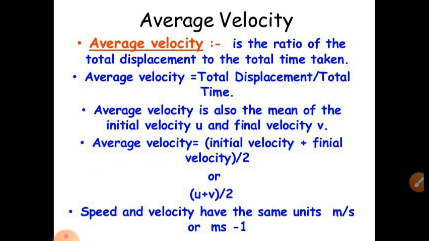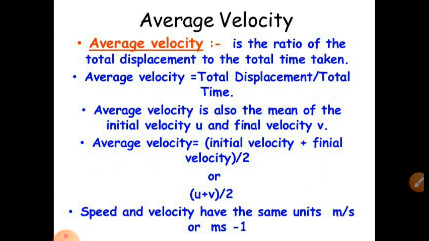What is average velocity? Average velocity has two equations; while reading your textbook you can see both. One equation is total displacement divided by total time taken. That is known as average velocity.